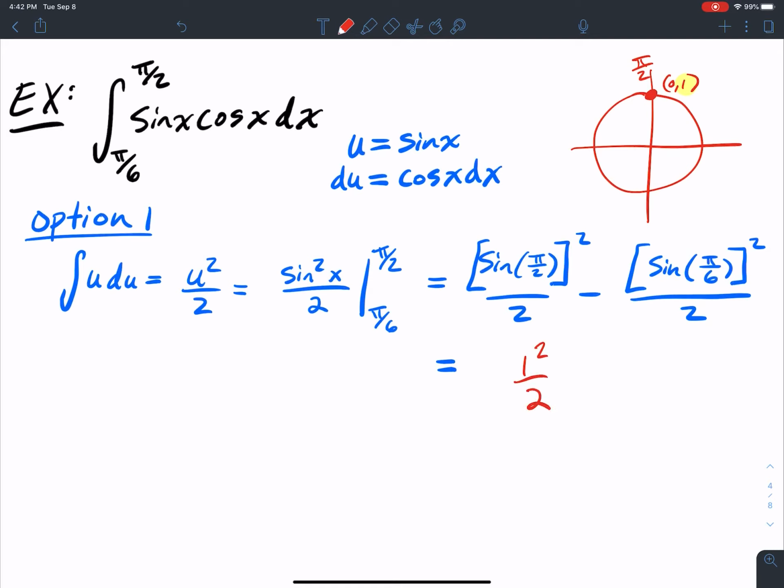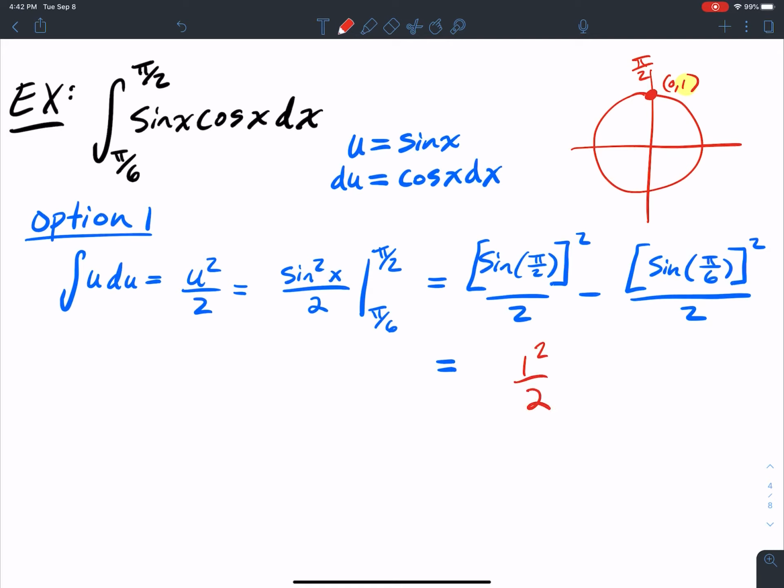So that's 1/2 squared over 2. 1/2 squared is 1/4, and half of a fourth is an eighth. So all this here is an eighth. Whenever I simplify here, I get 1/2 minus 1/8, and that gives me 3/8.